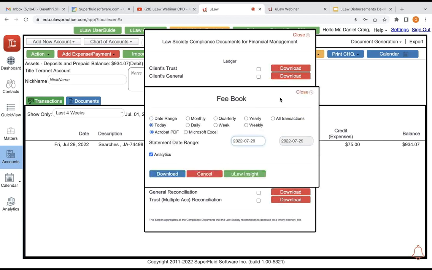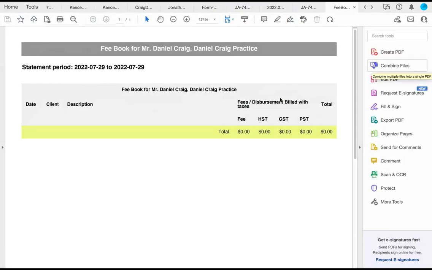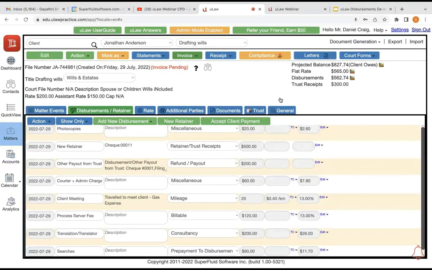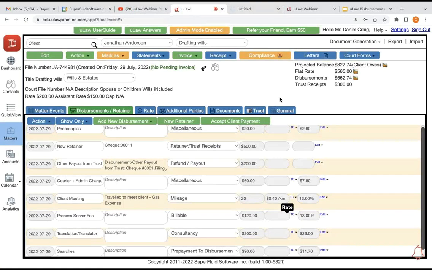If I download the fee book with today's date, I can exactly show you where these details are. Since I haven't raised the final invoice, I just want to quickly do that. I'm sorry, I'm probably a minute delayed, but I want to quickly show you how this looks on the fee book with the disbursement captured, so you could all follow the same to ensure that the disbursements are not left out and it is being captured appropriately with the respective bank details.